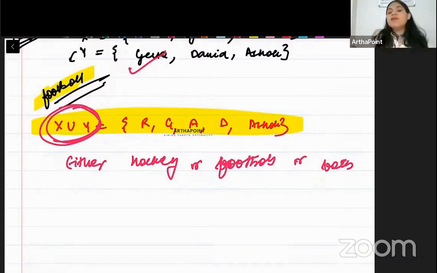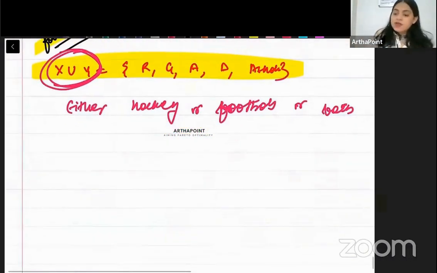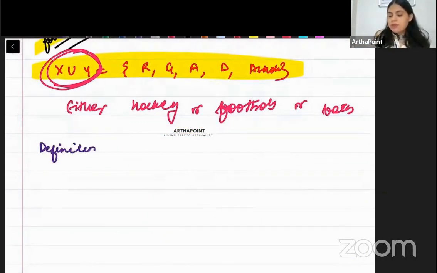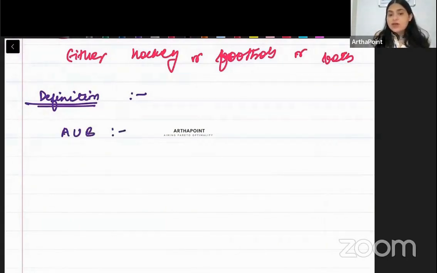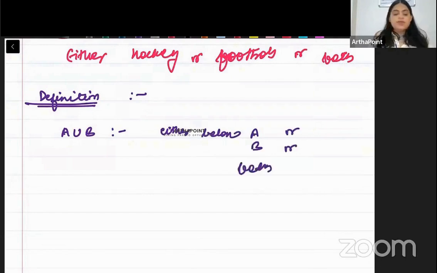Those who play both, we are including them too. So mathematically, the definition of union can be that the union of A and B contains all elements which belong to A or B or both.